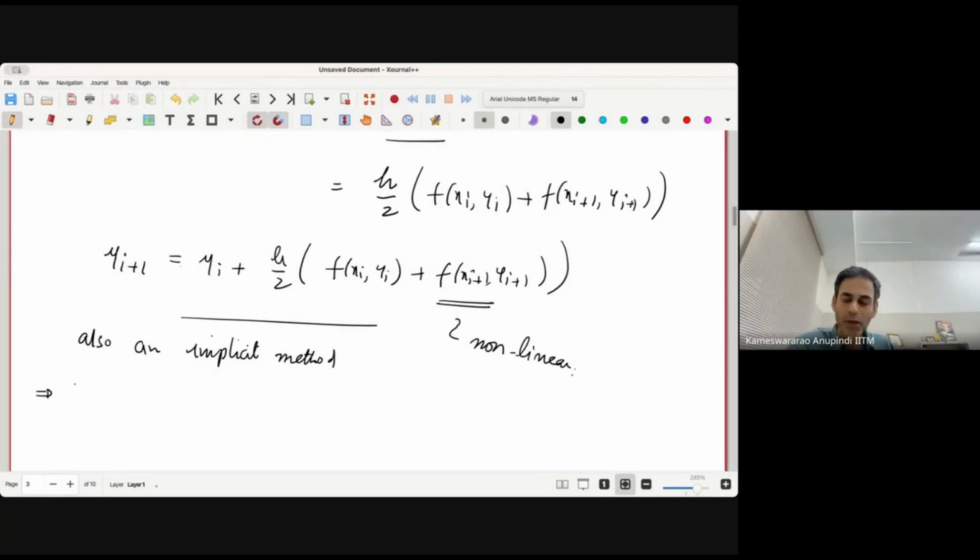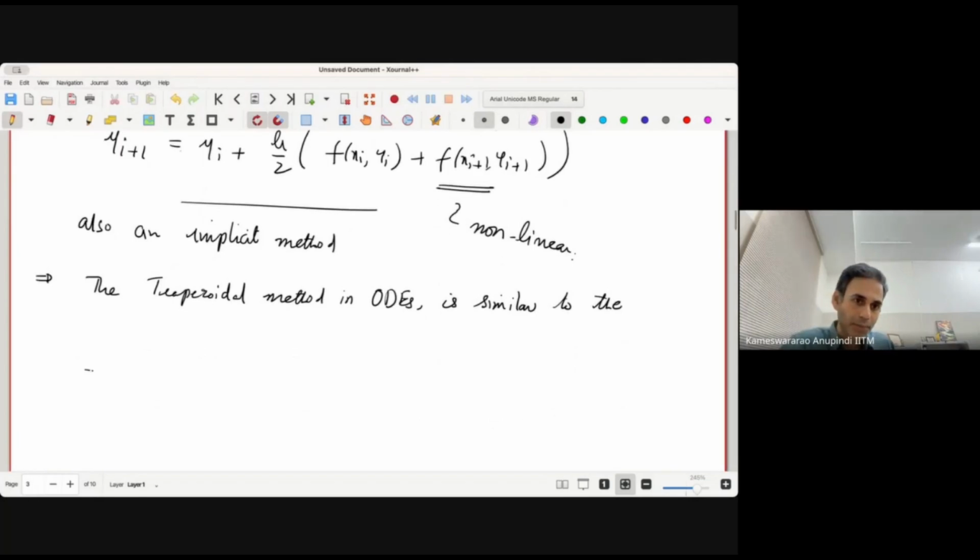Again, you can probably draw a similarity of this trapezoidal method to another method that we have already learned. So the trapezoidal method in the context of ordinary differential equations is similar to the dash method in the solution of certain type of partial differential equations.